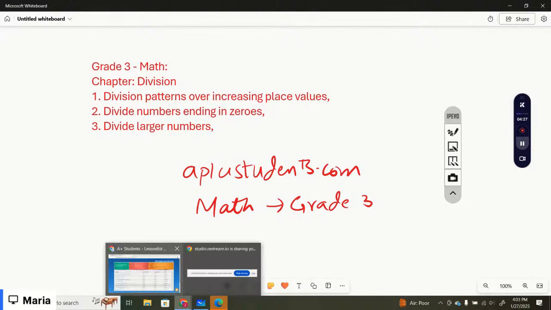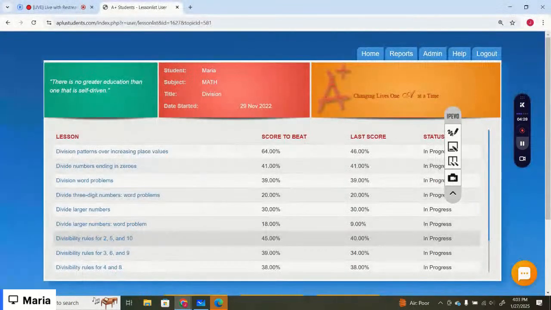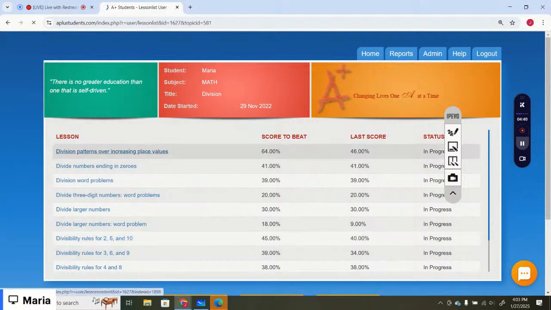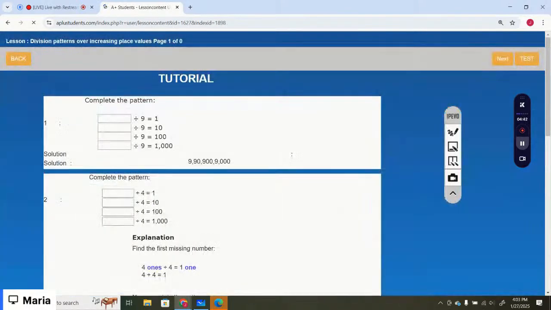So please make sure you have your notebook and pencil so that you can note down the important examples and definitions as well. Here I'm on grade 3 math. The chapter we are on right now is division. Let's just start with the first lesson, that is division patterns over increasing place values.